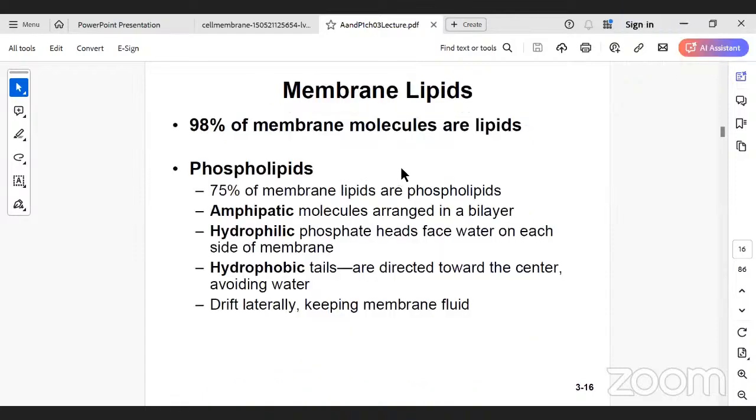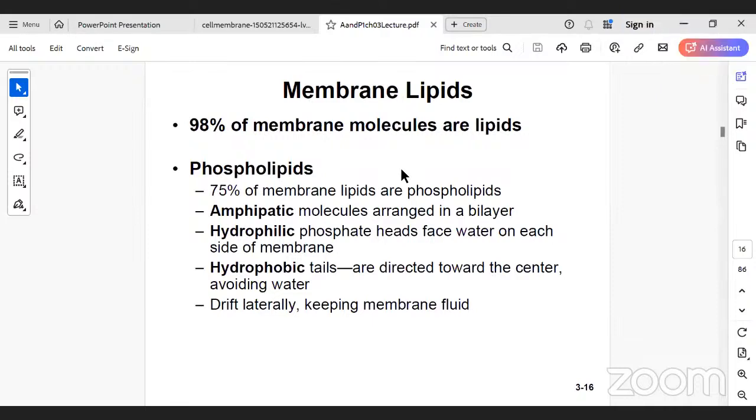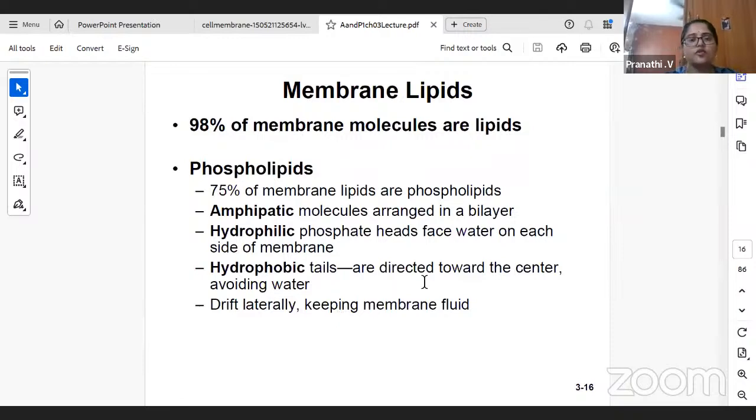And when you see, 98% basically is lipid. It's a lipid bilayer, phospholipid bilayer. In this phospholipid bilayer, you have different kinds of molecules that are arranged in the bilayer. When I say bilayer, like I told you, it's two layers, one facing ECF, one facing ICF. Hydrophilic moieties are facing the fluid, and hydrophobic tails are directed towards the center.